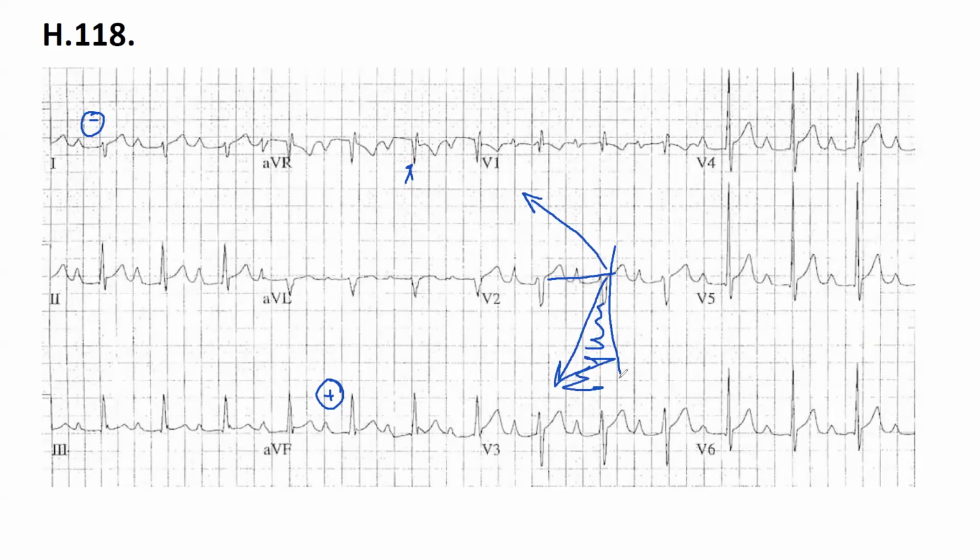If it's more than 100, we have an extreme right deviation. If it's less, we have only a right deviation. But based on the ECG, it's very difficult to decide by looking at only the QRSs whether it's 100 or 110 or 95, because AVR is mostly negative.